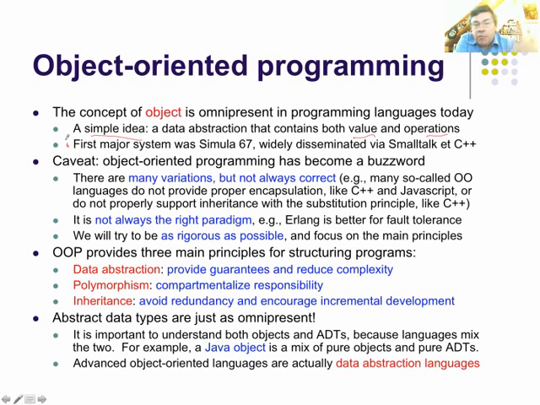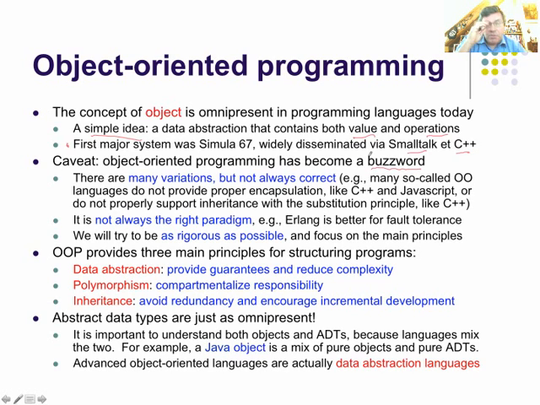And later came Smalltalk and C++ in the 70s, 1980, and after that almost all modern languages are influenced by these languages and have incorporated ideas from object-oriented programming. Unfortunately, what this means is that object-oriented programming has, to a large degree, become a buzzword.